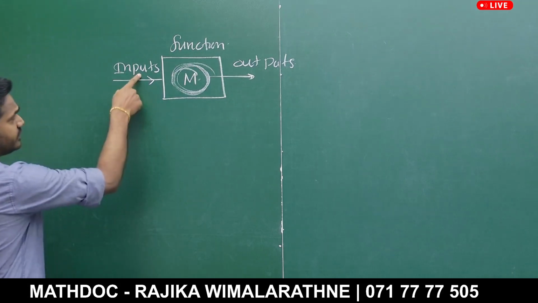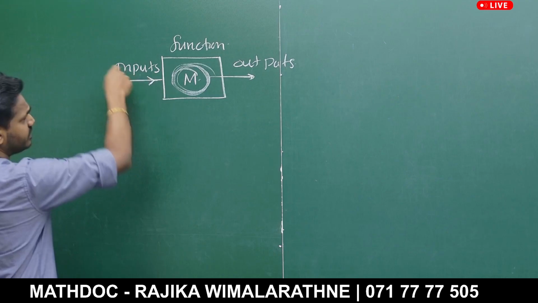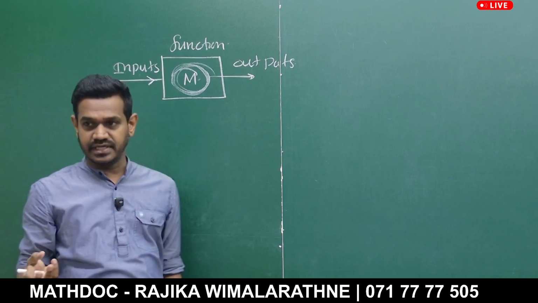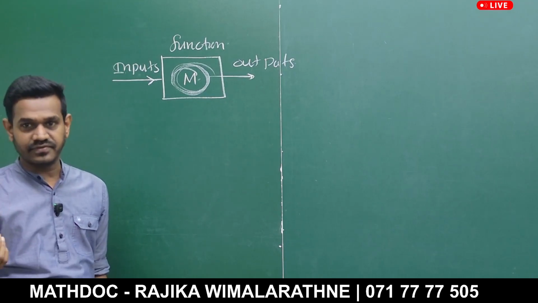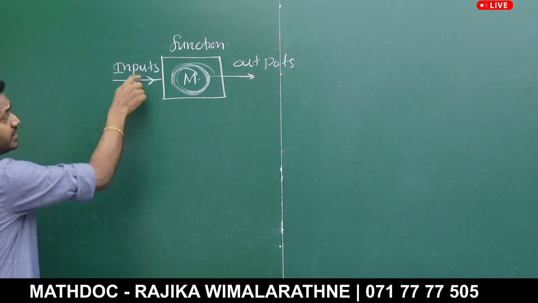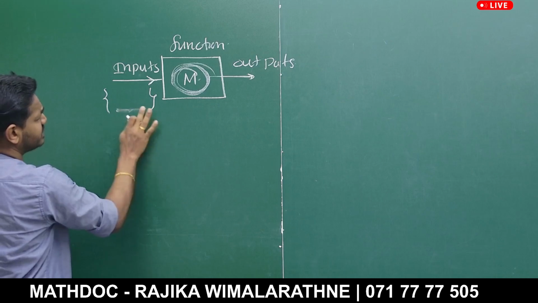Consider we have some inputs. In mathematics, we put some numbers here. Sometimes they can be real numbers, imaginary numbers, or complex numbers. Likewise, there are different types of inputs. So here we have an input pool. We call it a set. The input pool is a set.